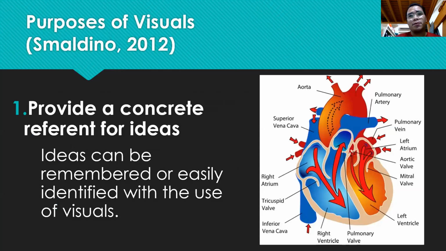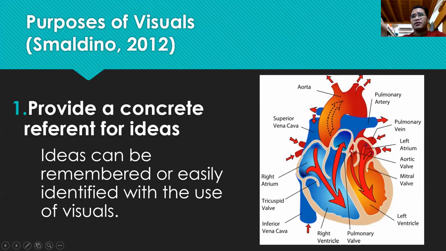So there are several purposes of visuals. The first purpose is it provides a concrete referent of ideas. Okay. Ibig sabihin nito ay kahit hindi nakikita or hindi totoong object yung nasa harapan mo, you can still understand the processes happening in that actual object because there is a visual media presented to you. For example, you can see here a drawing of a heart, a diagram of a human heart.